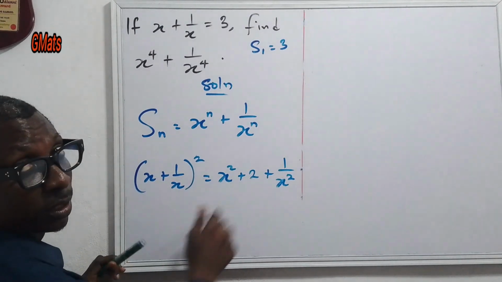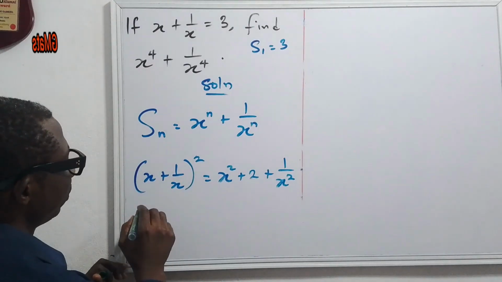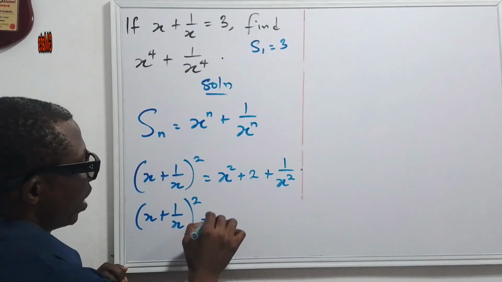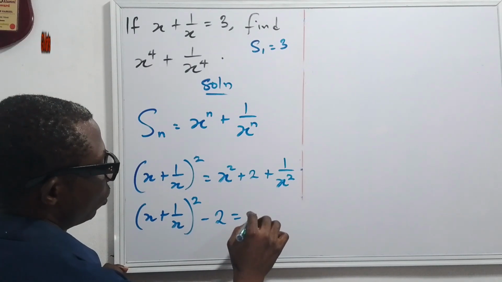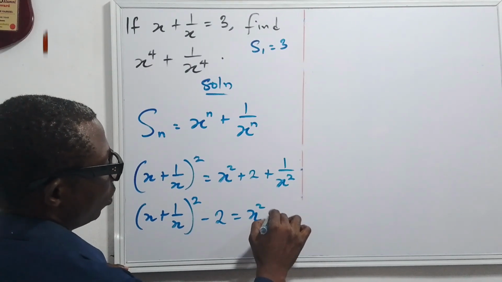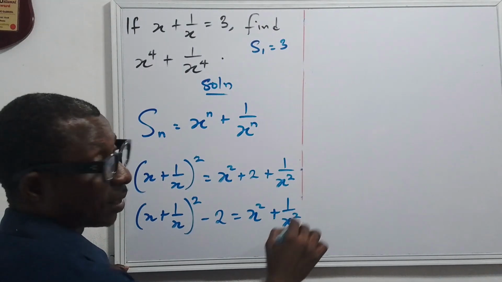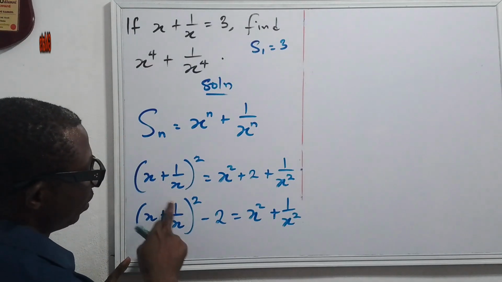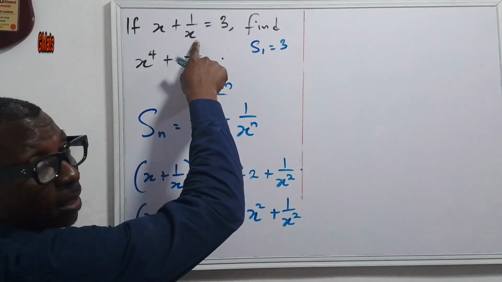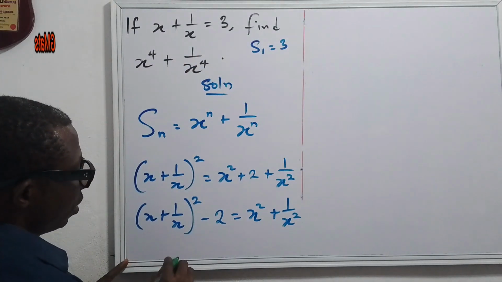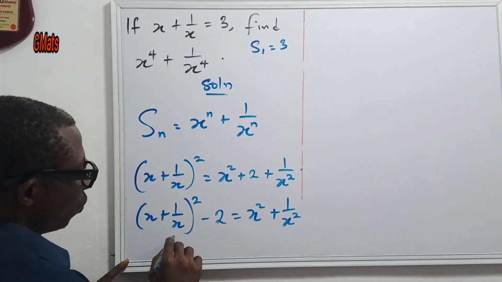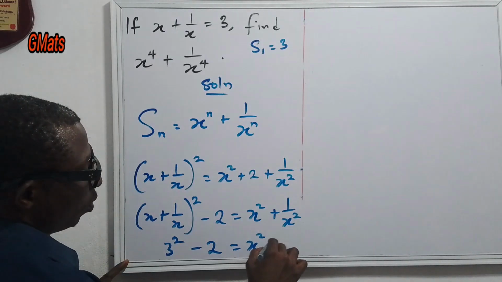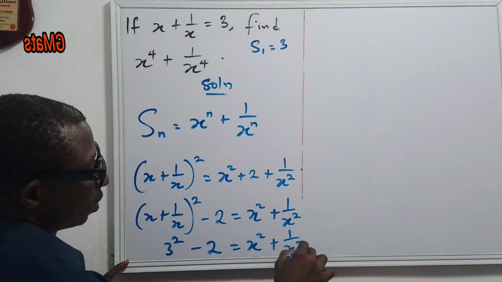So we are transposing these two, to have x plus 1 over x squared minus 2 equals x squared plus 1 over x squared. I hope you understand that. So now we already have this to be 3. Can you see that? 3. So let's plug that in. We have 3 squared minus 2 equals x squared plus 1 over x squared.